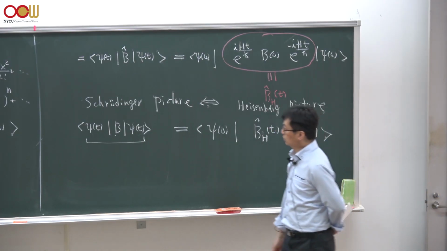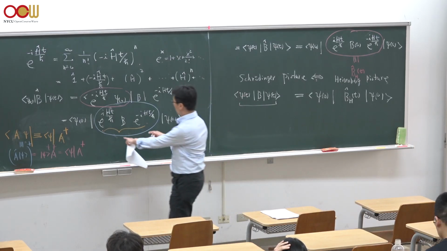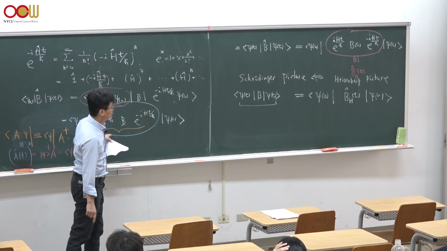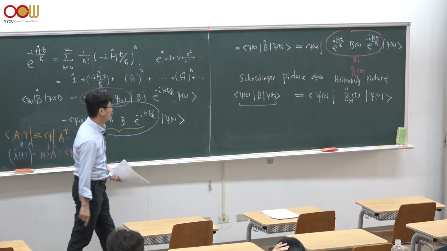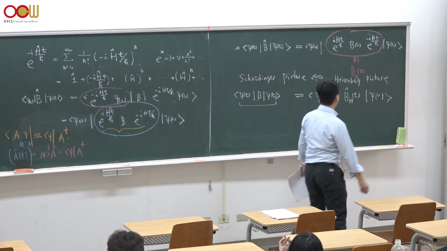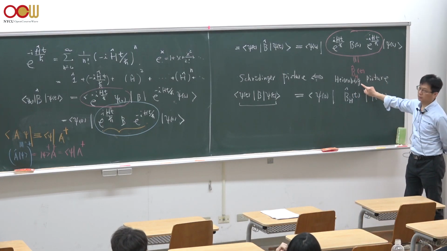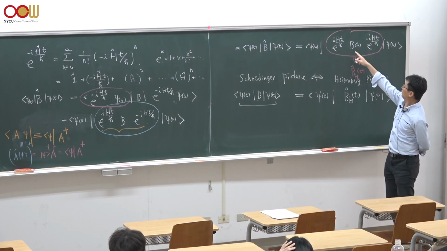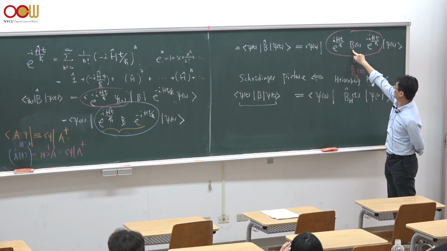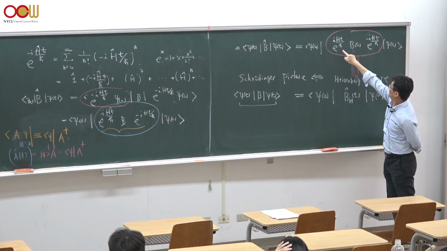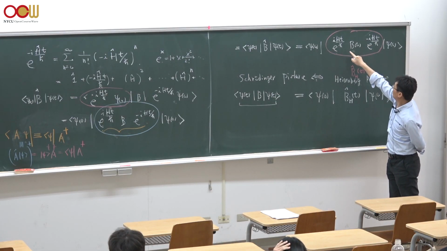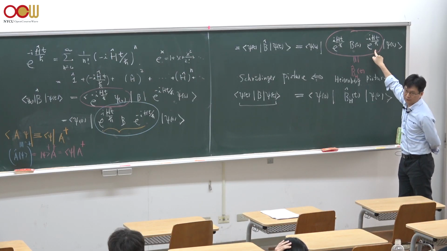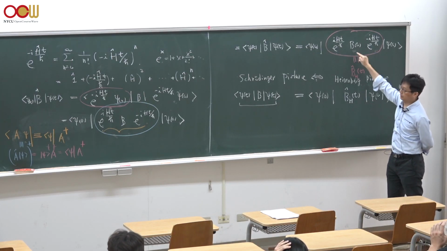In other words, we could put this time-dependent operator together with the operator B, and we can define a new operator, which we call the operator in the Heisenberg picture. This is the definition: we put e to the plus iHt over h bar on the left and e to the minus iHt over h bar on the right of the Schrödinger operator.